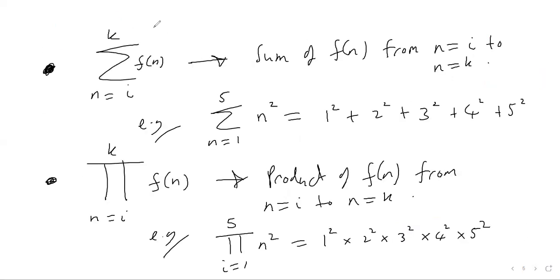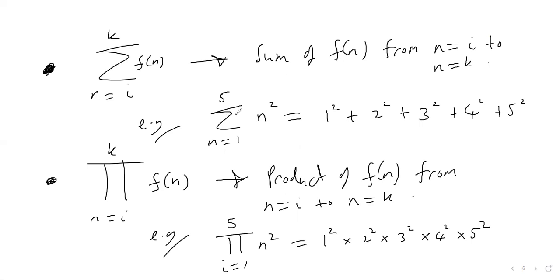You've also got the summation and product symbols, or notation. This capital sigma with n equals i at the bottom and the k at the top just means the sum of this function f of n, where f of n is supposed to be discrete valued, from n equals i up to n equals k.